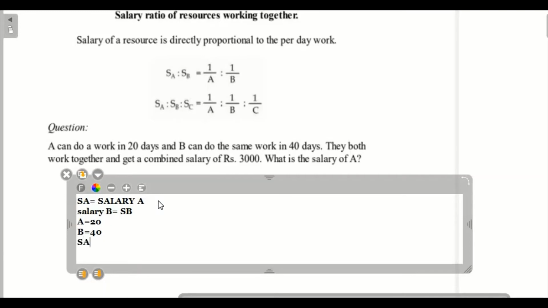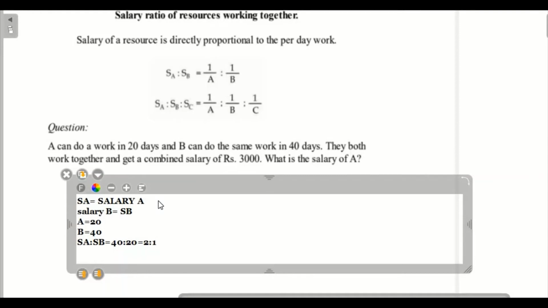So SA is to SB equals 40 is to 20, which is equal to 2 is to 1.